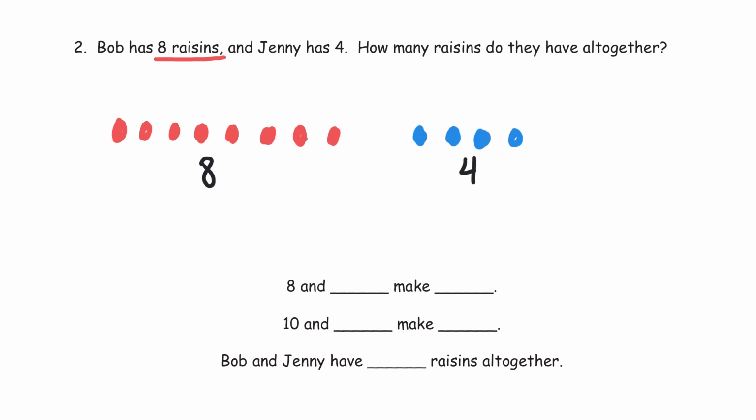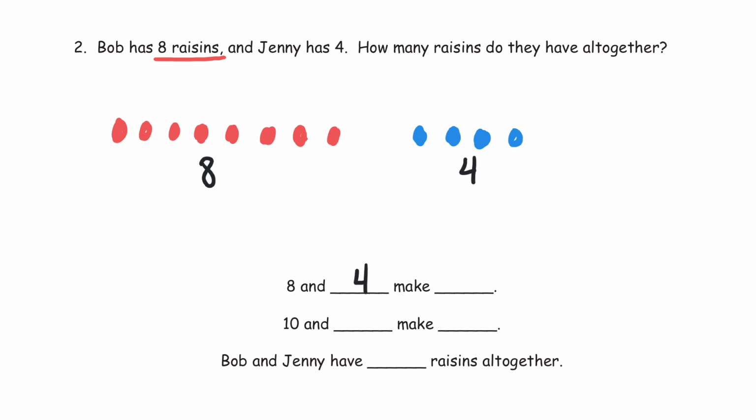Now, what I want you to do is first you're going to circle your group of 10, and then you're going to be dropping down here, and we're going to be solving these here. So 8 and, what are we adding together here? Yeah, 4. So 8 and 4 make 10 and make.